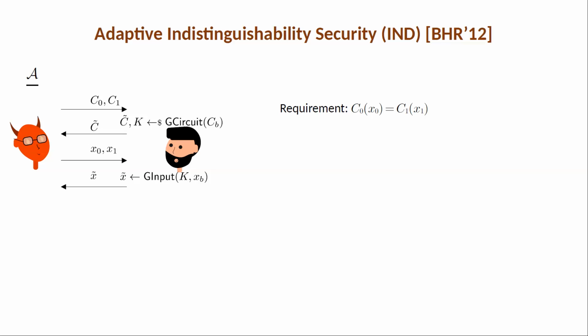Now, the problem with indistinguishability is it has a really strong requirement. It requires that the left circuit, when evaluated on the left input, is exactly the same as the right circuit evaluated with the right input. Why is this a problem? Well, we wanted a new notion that bypassed the lower bound that came with simulation.